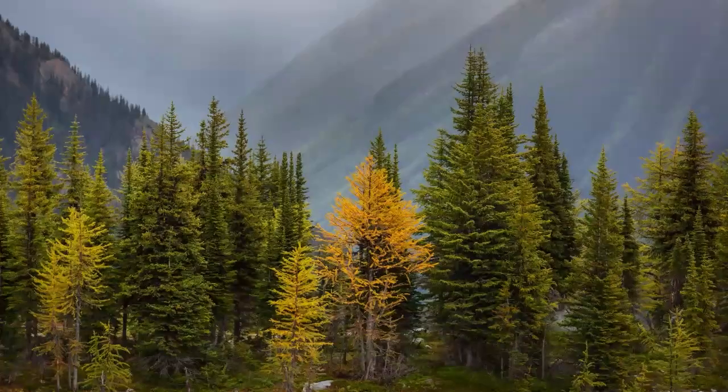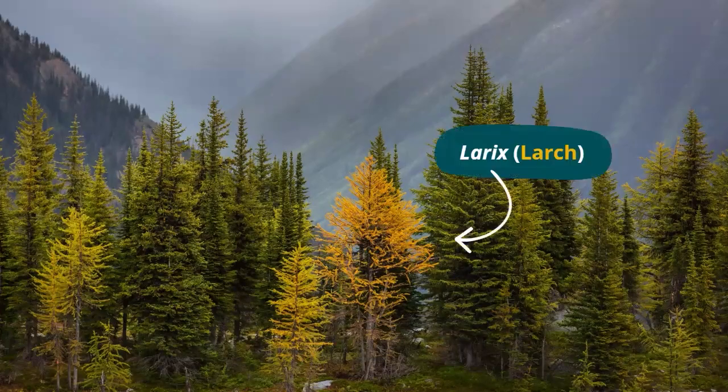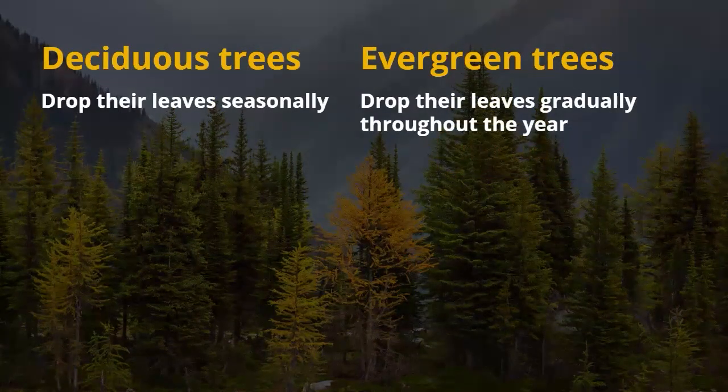If you recognize this tree right here, you might have seen this in Idaho. It's one that I really love. This is the larch or tamarack that does turn a color at a certain time of year. It is actually a deciduous tree, so it drops its needles at the end of the year. But again, two different ways of talking about trees.